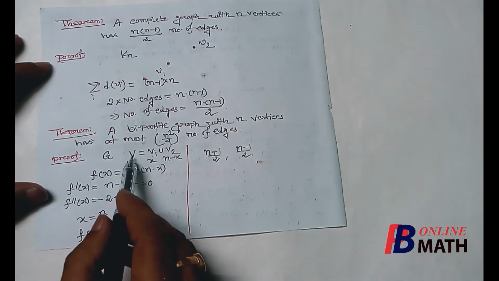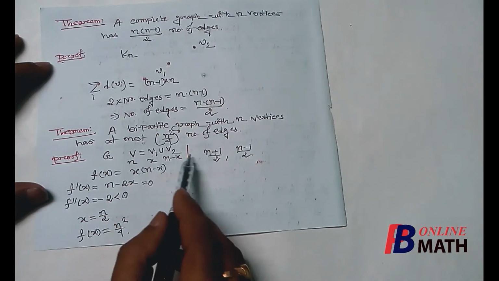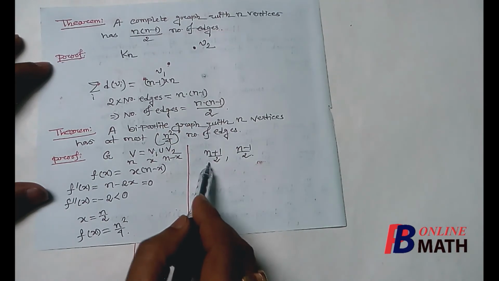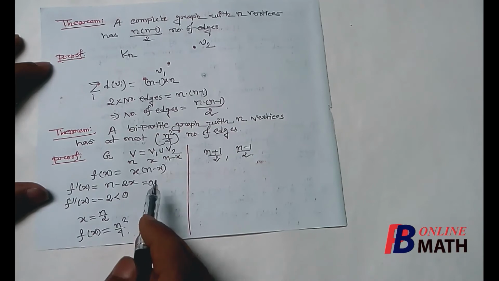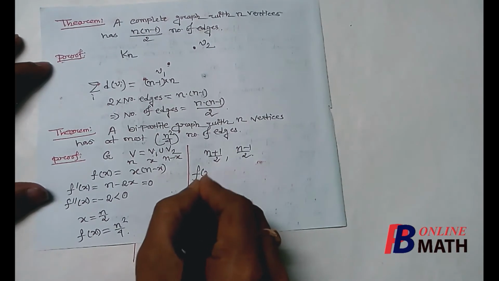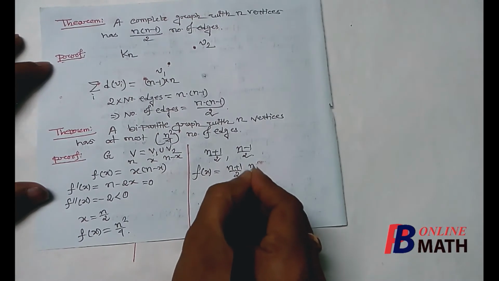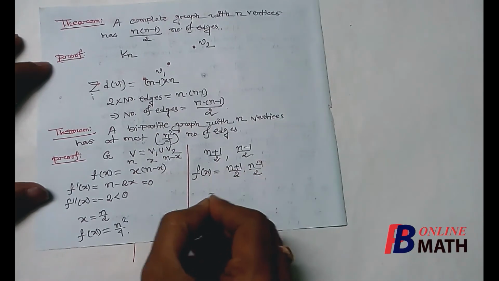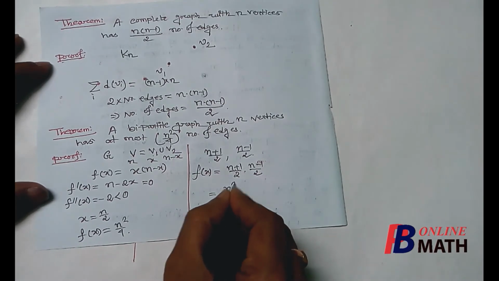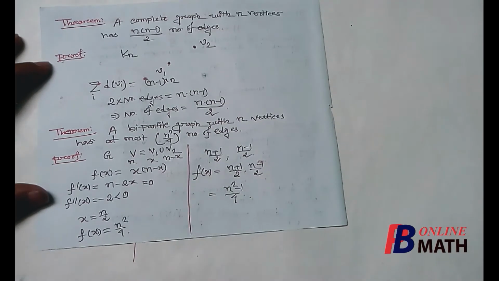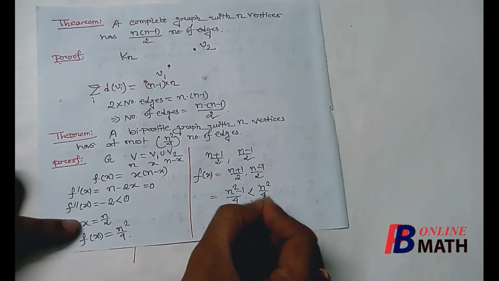So if we break the set of vertices V into two subsets, such that V1 contains (n plus 1) by 2 vertices and V2 contains (n minus 1) by 2 vertices, then the number of edges will be (n plus 1) by 2 into (n minus 1) by 2, which is (n square minus 1) by 4, and this is strictly less than n square by 4.